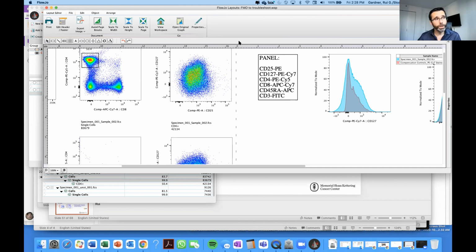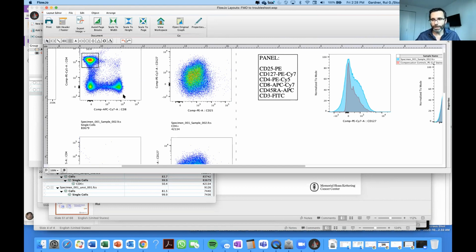Right, and you never know, especially with human samples. You never know how the pattern is going to be from donor to donor or patient to patient, and sometimes something like a CD4 or CD8 that resolves very nicely, sometimes in a certain patient, the pattern may look completely off, and an FMO there would be ideal.